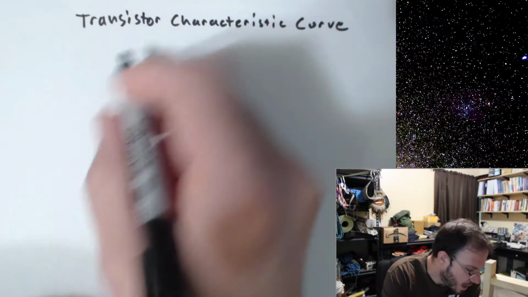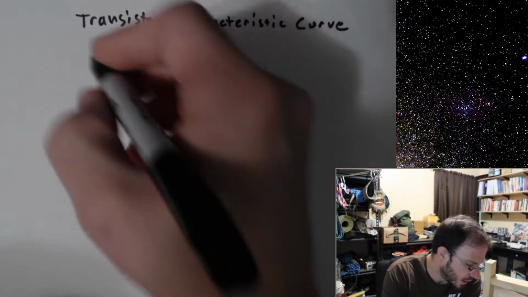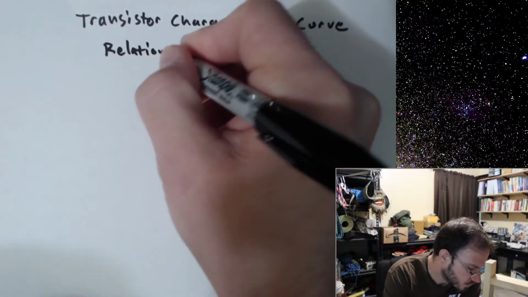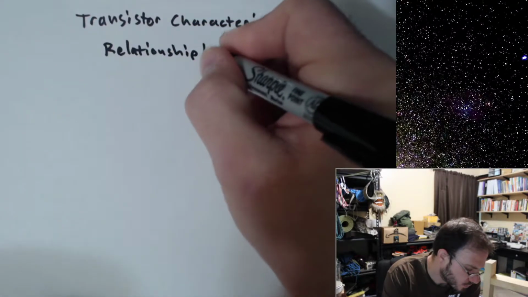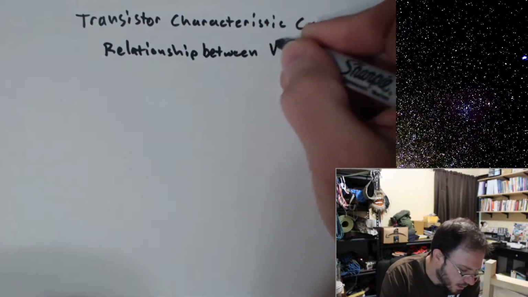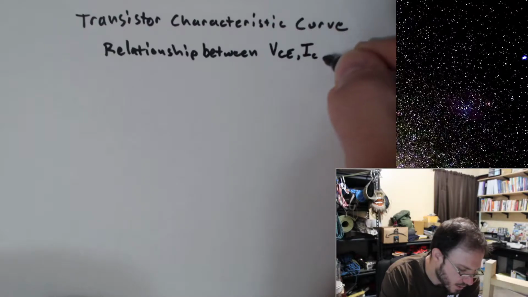The transistor characteristic curve is just a fancy way to describe the relationship between VCE, IC, and IB.